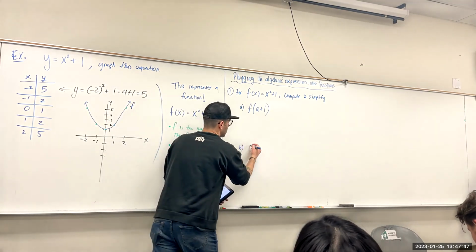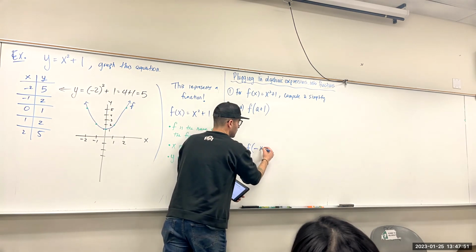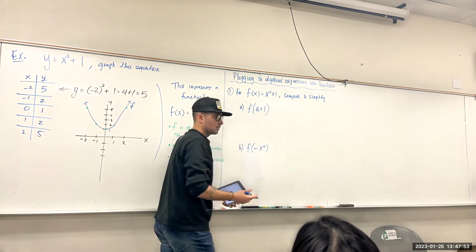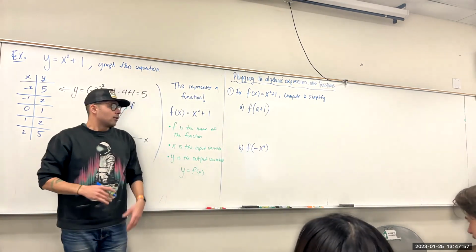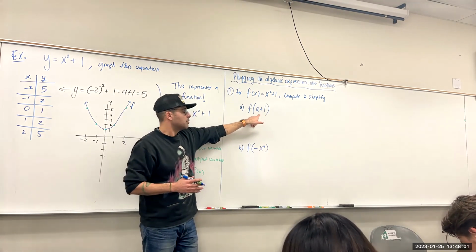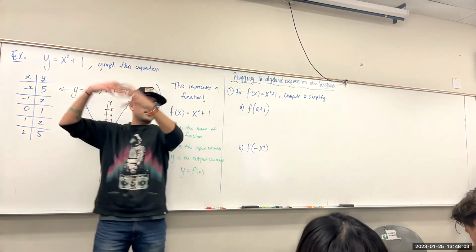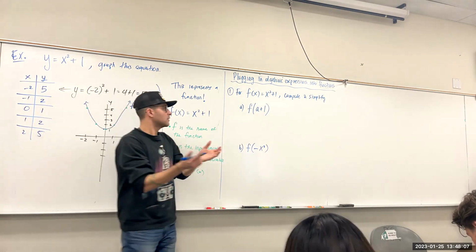And then B, instead, you're going to plug in another expression. Let's say it looks like this, negative x cubed. Very weird because we're not plugging in numbers, but the thing is that these expressions are representing something that represents a number. It's just in an abstract way.